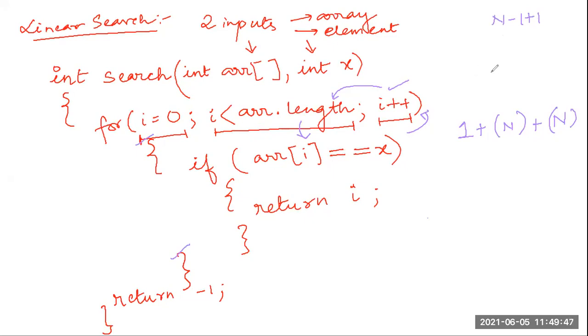First location, second location, third location, fourth location, all items I am matching. So if I have n elements in my array, I am executing this statement for n number of elements, right? I am matching with n number of elements. Yes or no?